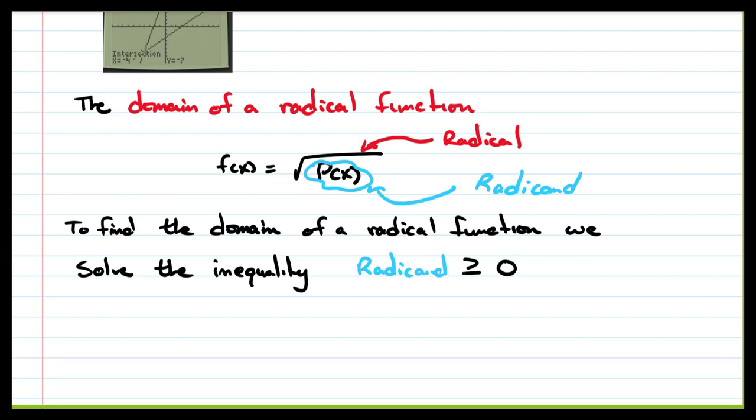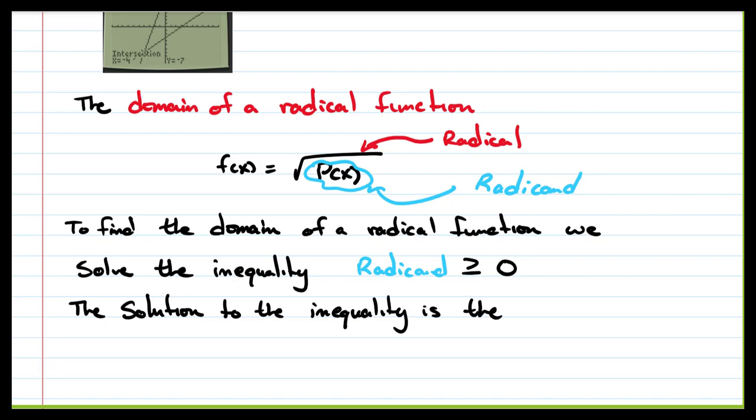So to find the domain of a radical function, we're going to solve the following inequality, that the radicand has to be greater than or equal to 0. The solution to the inequality is the domain.